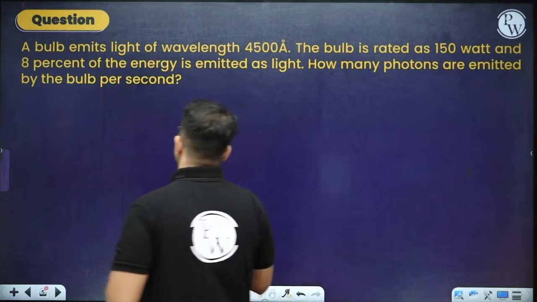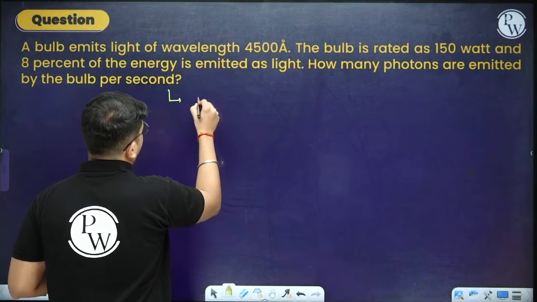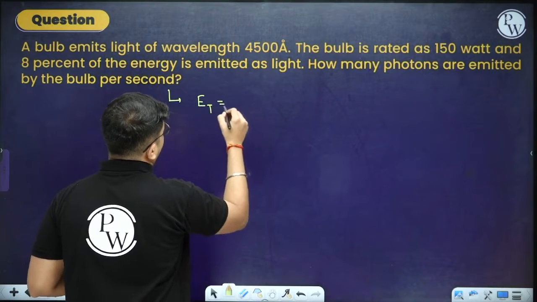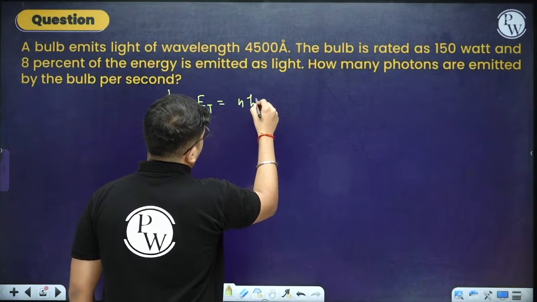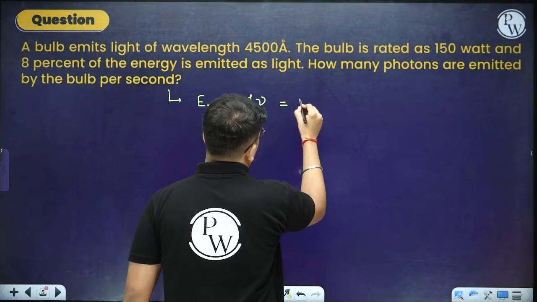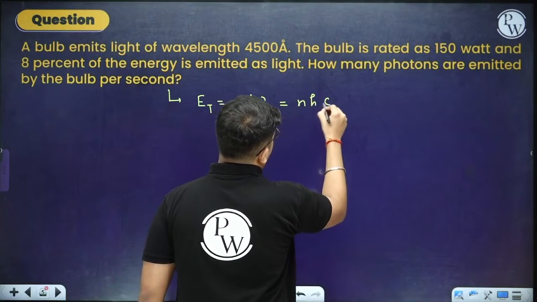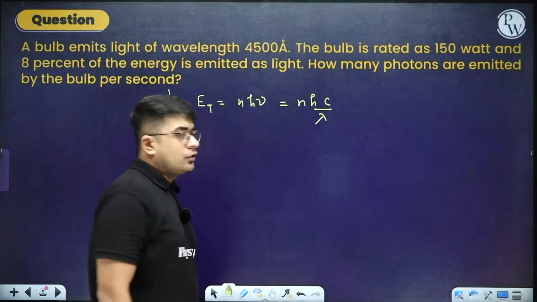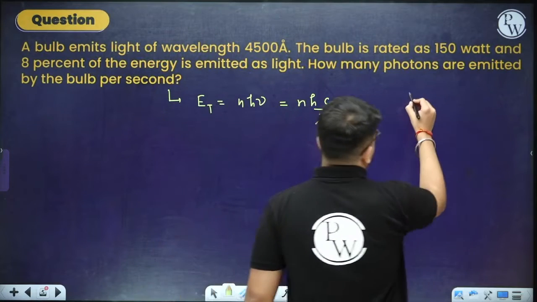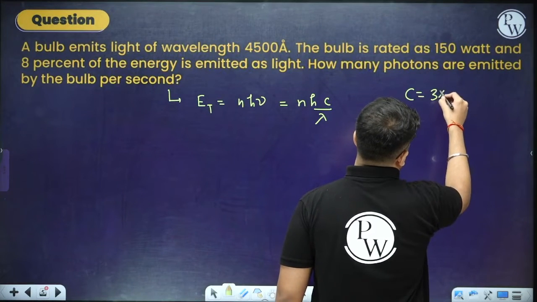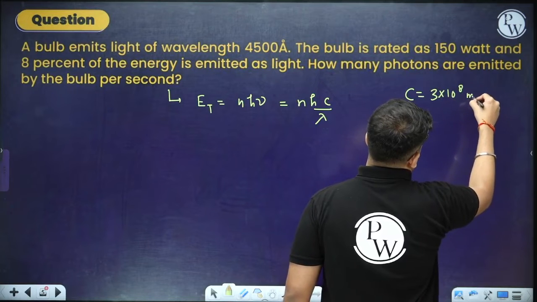So in this case, I'm going to use the formula that total energy will be equal to N h nu, or I can say that will be equal to N h c upon lambda. Now we know that c has a specific value, which is 3 multiplied by 10 raised to the power 8 meter per second.